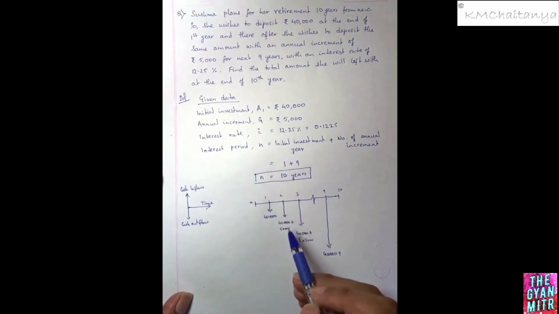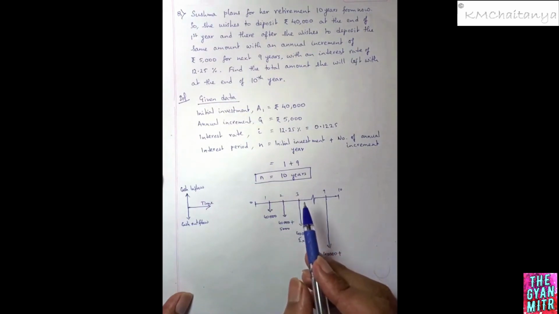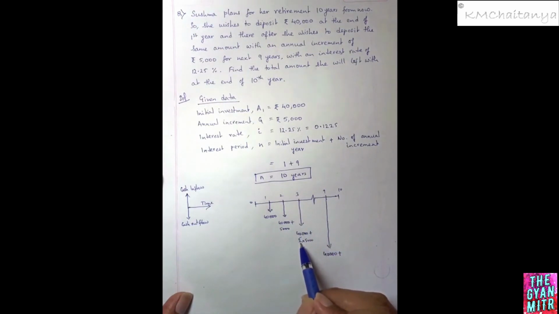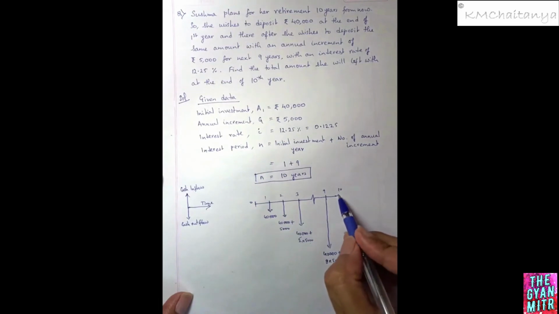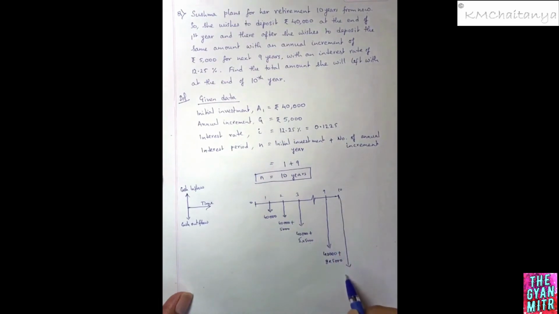So for second year it is 1 time 5,000. For third year it is 2 times 5,000. For ninth year it will be 8 times the 5,000, and for the 10th year it will be 40,000 plus 9 times the 5,000. So this is the cash flow diagram for this particular problem.